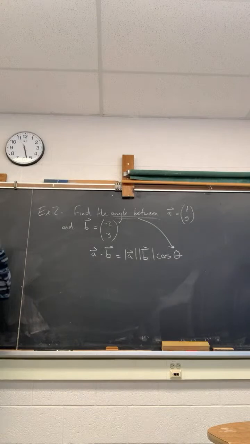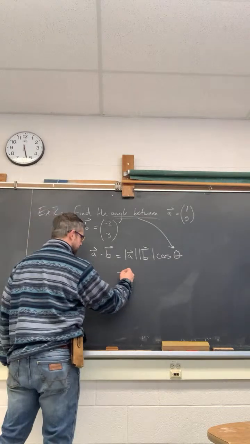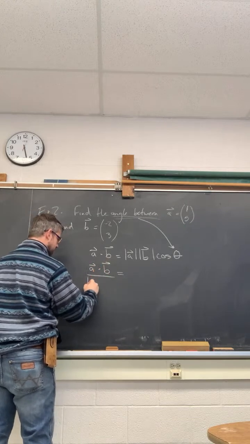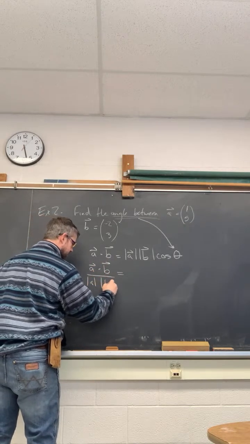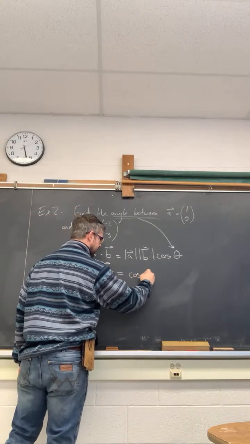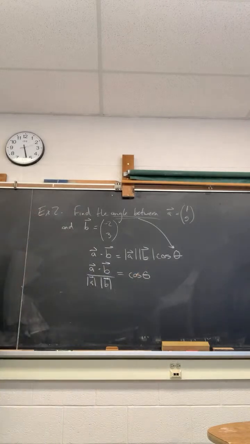So that is going to be the angle between those 2 vectors. Now, if I'm just looking for the angle between, I should go ahead and isolate it. So I'm going to divide both sides by the magnitude. So I'll have A dot B over magnitude of A times the magnitude of B. And that'll give me the cosine of the angle.